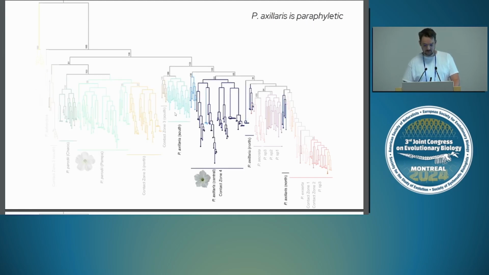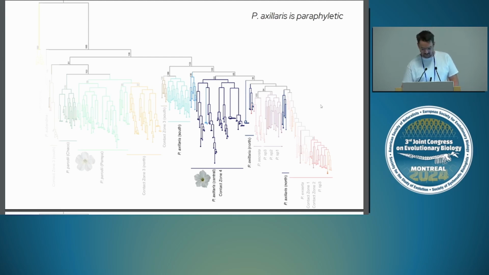The other thing that we found that was really interesting to me is that Petunia axillaris, the white hawk moth pollinated species too, is paraphyletic. We can see in these shades of blue, we have one that corresponds to the south distribution of the species. Here in this blue and this blue, we have the central distribution of the species.